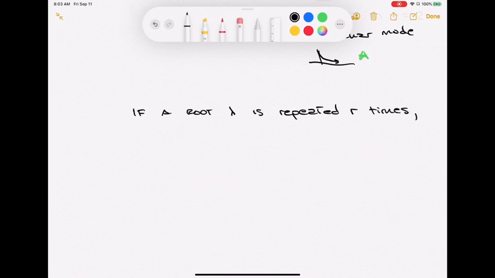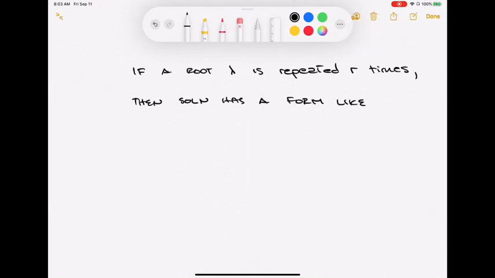okay, what does that mean? That means Q of lambda, if you carry out its roots, is an nth order polynomial, so there should be n roots in there, and out of those n roots, r of them are all the same value lambda. Then the solution has a form like the following.